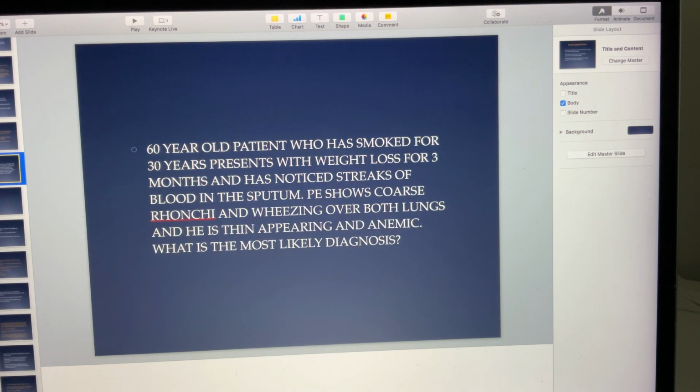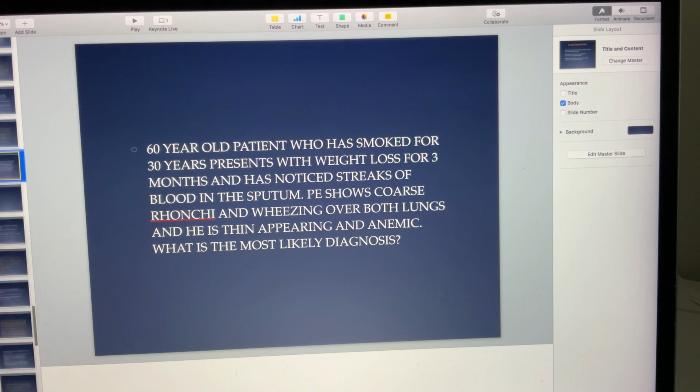Okay. Next question, a 60-year-old patient who has smoked for 30 years presents with weight loss for 3 months and has noticed streaks of blood in the sputum. PE shows coarse rhonchi and wheezing over both lungs, and he is thin appearing and anemic.